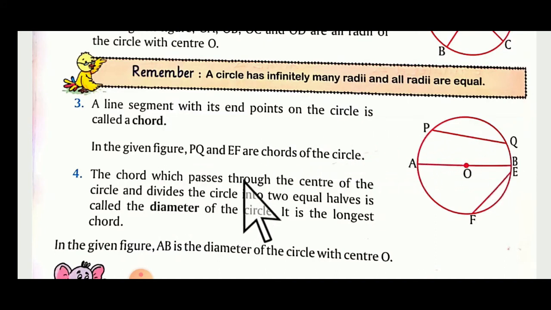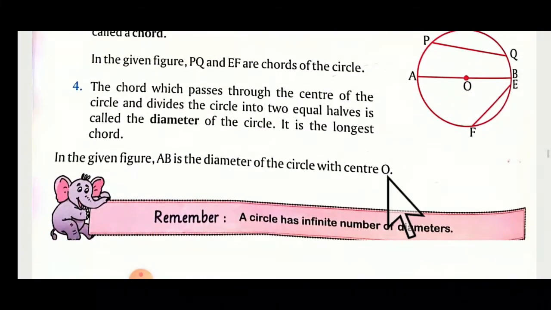The chord which passes through the center of the circle and divides the circle into two equal halves is called a diameter. It is the longest chord of the circle. See, AB we call it the diameter, and that is the biggest chord of the circle, whereas PQ and EF are the smaller chords. Remember, a circle has infinite number of diameters.